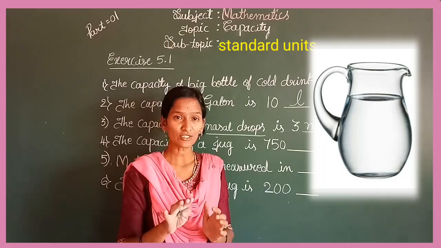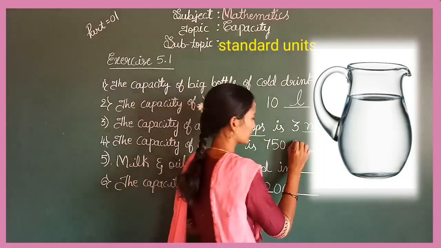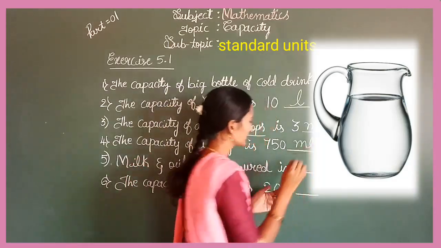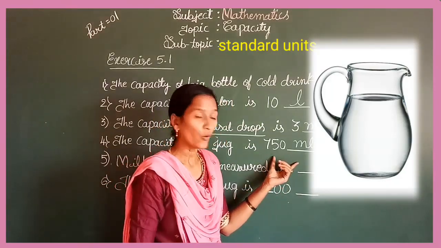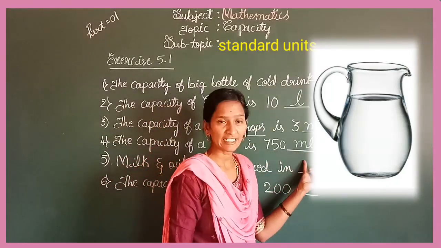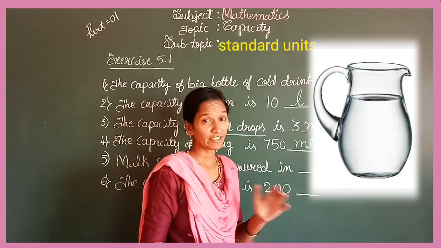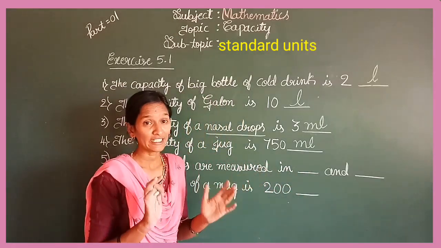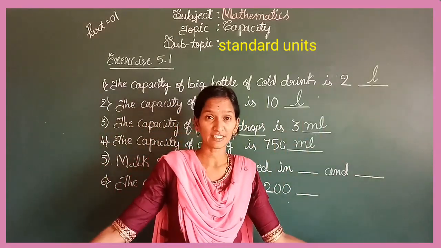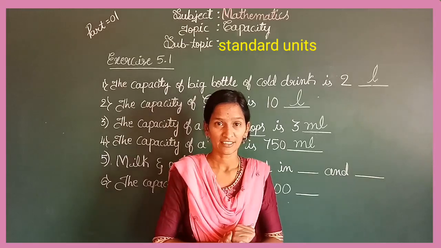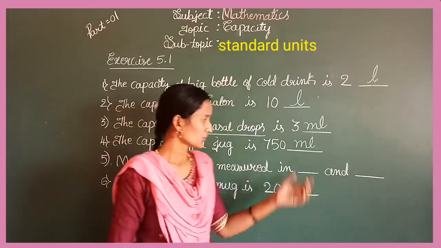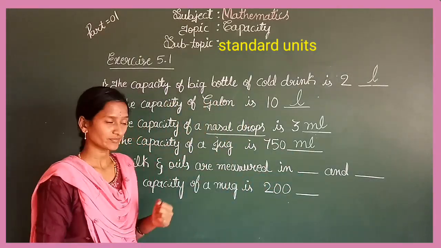So you have to use milliliter. Write down here, it can hold 750 milliliter, not 750 liter. 750 liter is a big capacity, like a tank or a drum, right? So write down here milliliter.